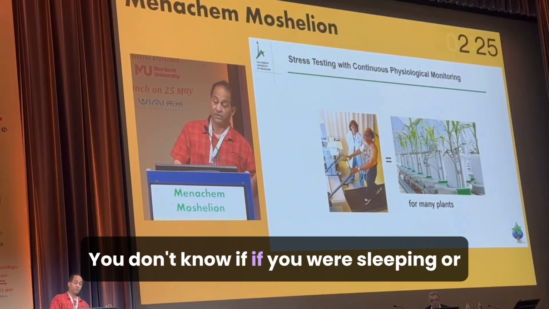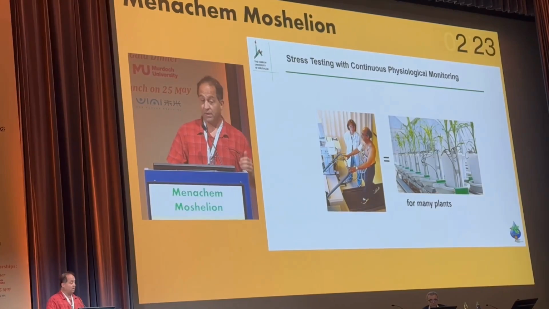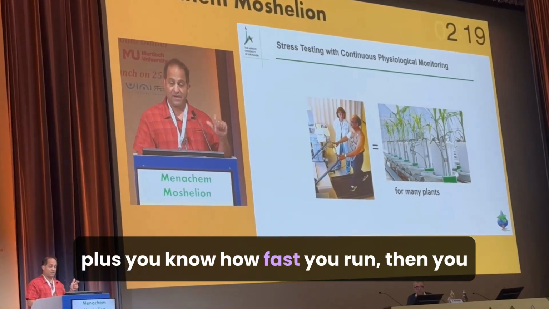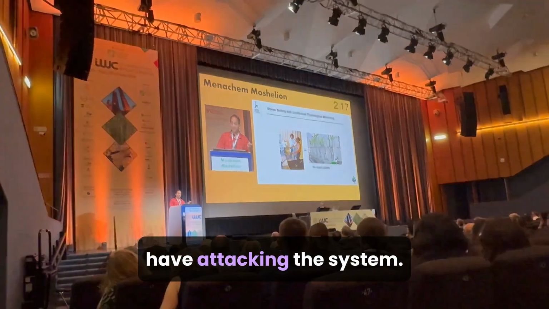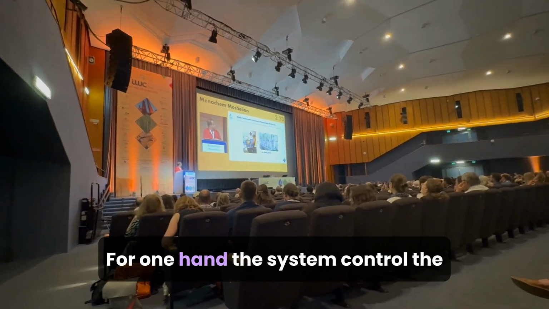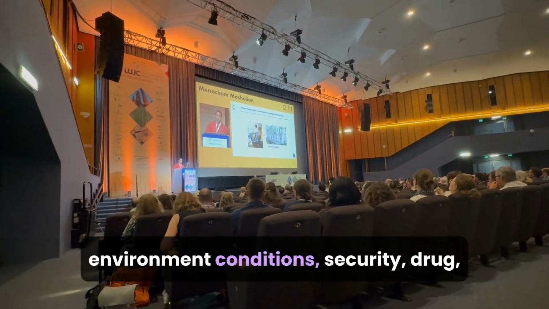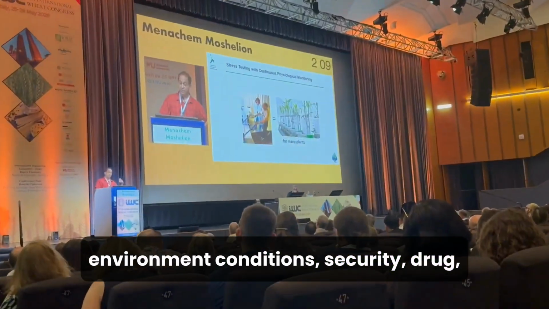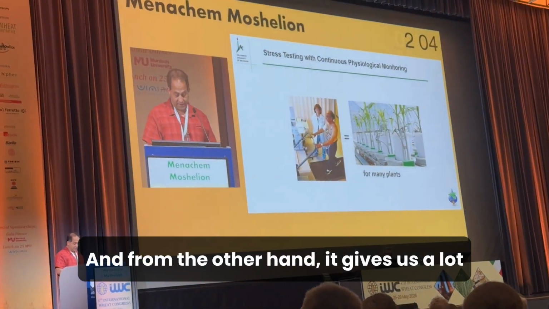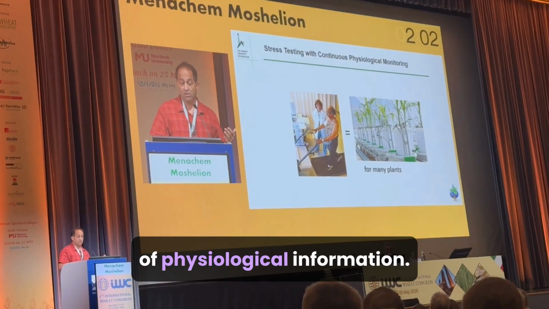You don't know if you were sleeping or walking or eating. But if you monitor its physiological plus you know how fast you run, then you have a tagging system. And this is exactly what the planetary system gives us. For one hand, the system controls the environmental conditions, salinity, drought, irrigation, fertigation, and so on. And from the other hand, it gives us a lot of physiological information.